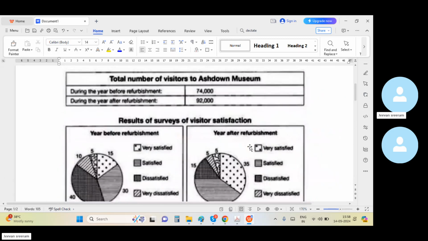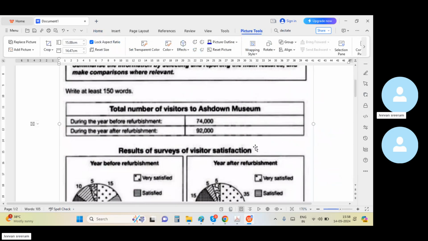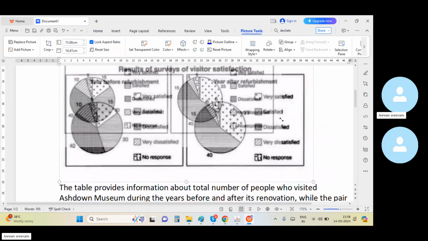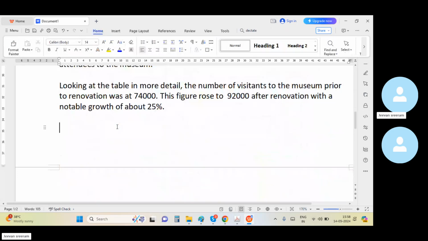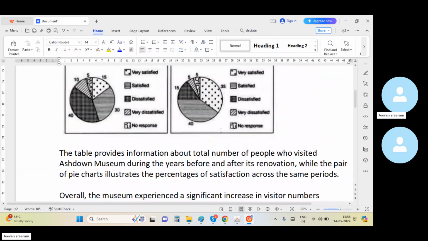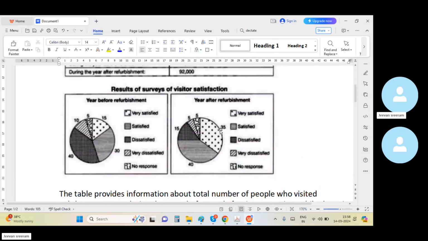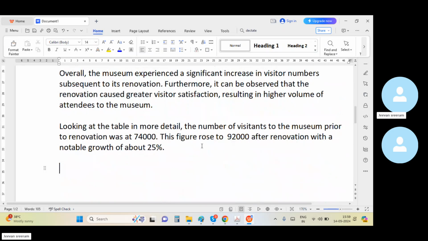Write down a response for another paragraph for the set of pie charts.